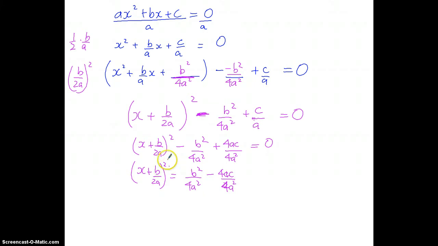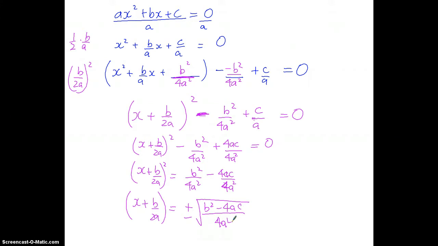Okay, now we can take our square root. So we have got x plus b over 2a square rooted. Now remember, we've got our plus and minus. B squared minus 4ac all over 4a squared. I'm just going to combine these two fractions.